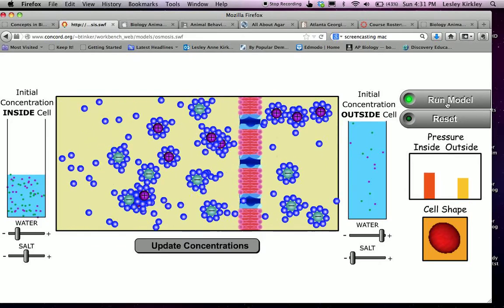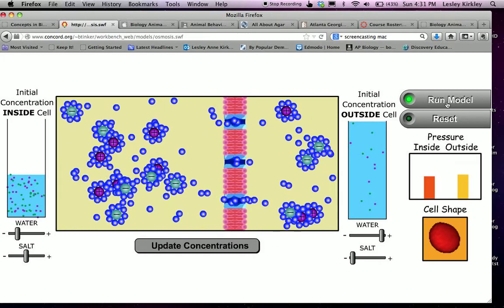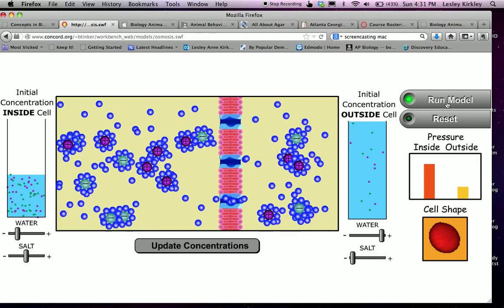Pay close attention to the direction the membrane is moving. So what's happening to the pressure inside that's pushing that membrane?